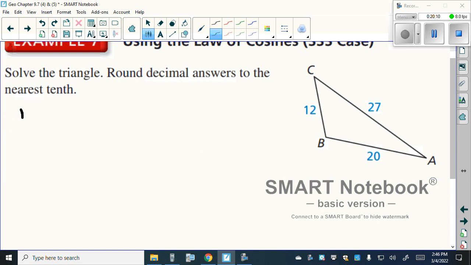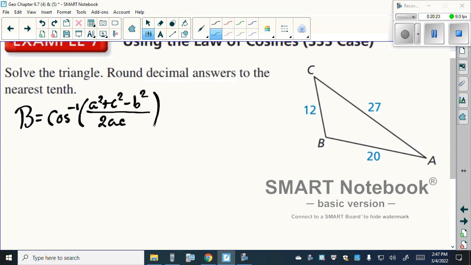So we can find B, and B is going to be cosine inverse of a squared plus c squared minus b squared over 2ac. And I think you said C or A? C. And C is going to be our cosine inverse of a squared plus b squared minus c squared over 2ab.